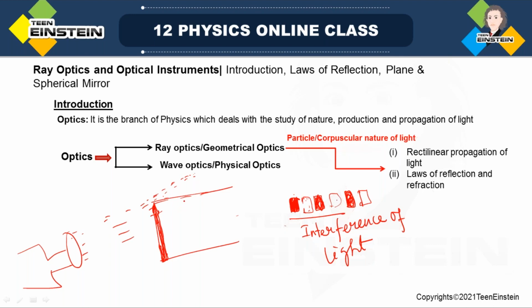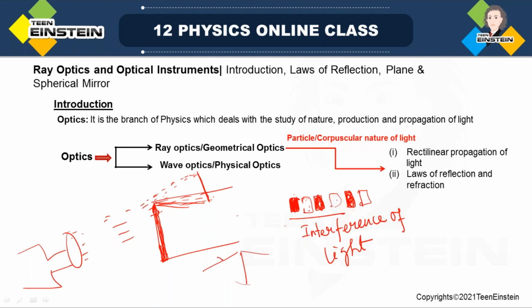This must be the shadow, but you will see some light entering here also. So this is called bending of light. At the surface, light bends somewhat.